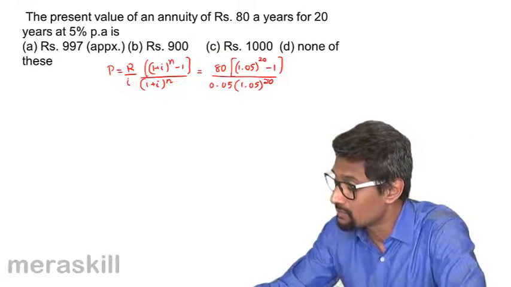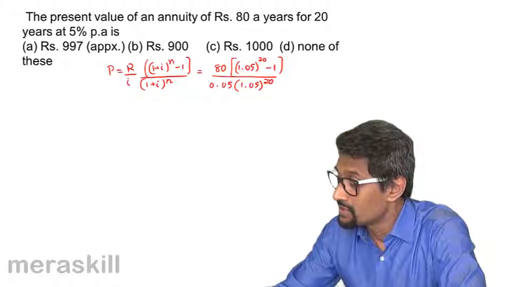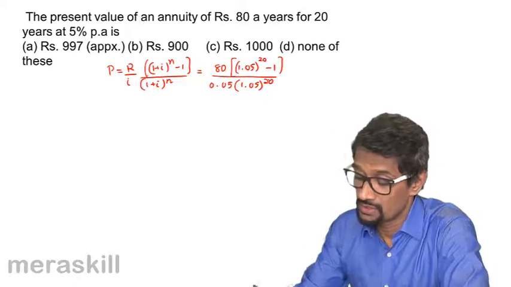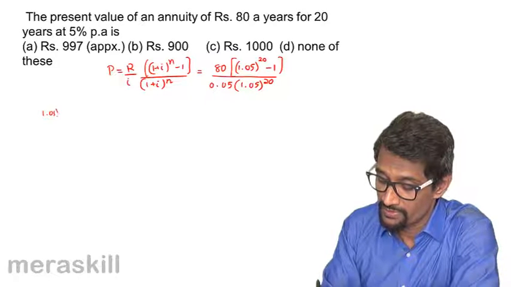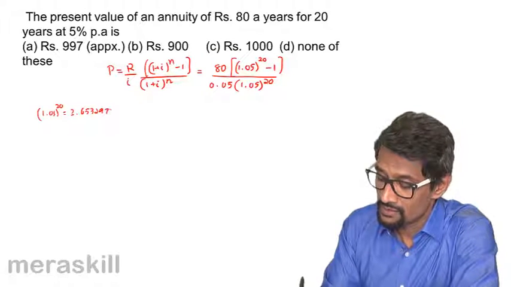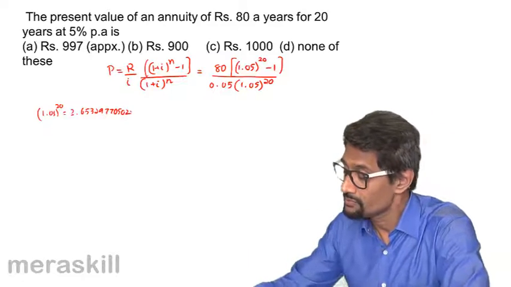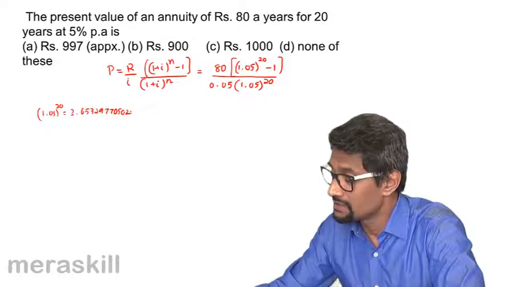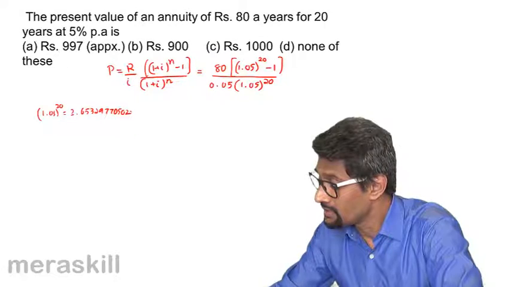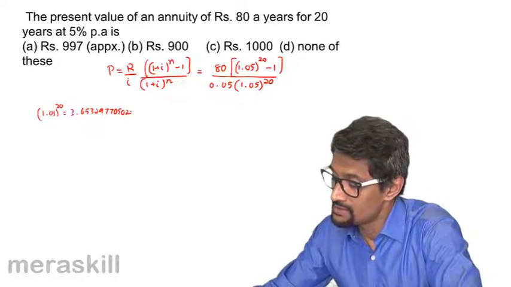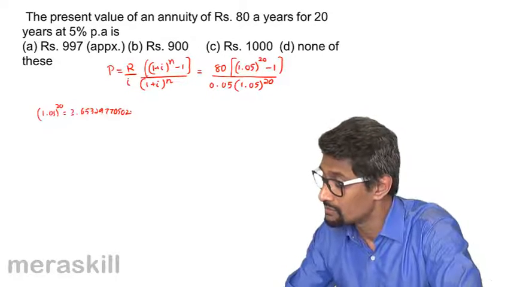So let's calculate 1.05 raised to 20. It turns out to be 2.65329770502. Then this minus 1 into 80 divided by 0.05, divided by 2.65329770502.